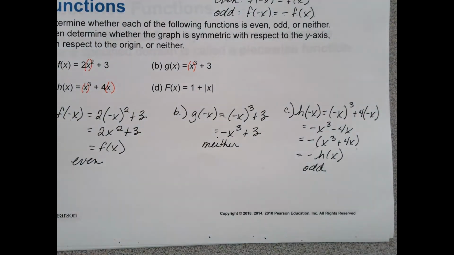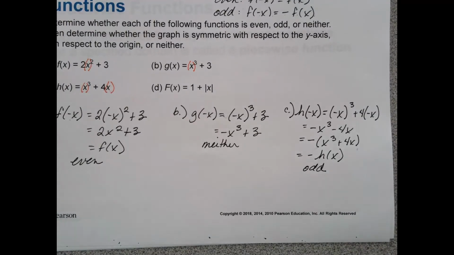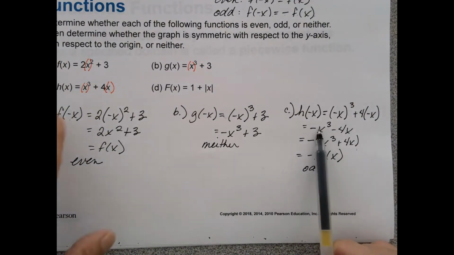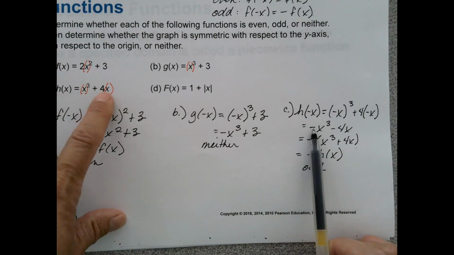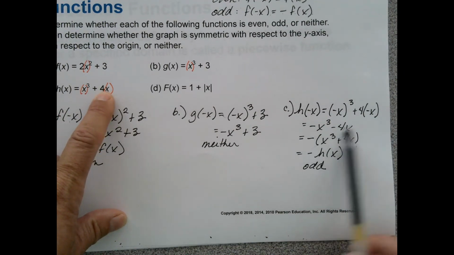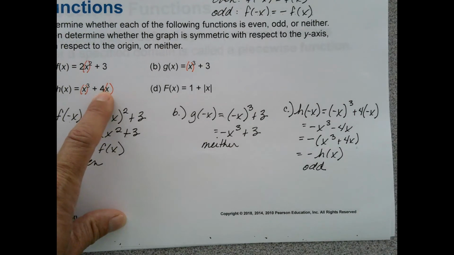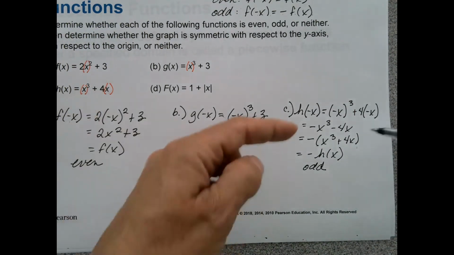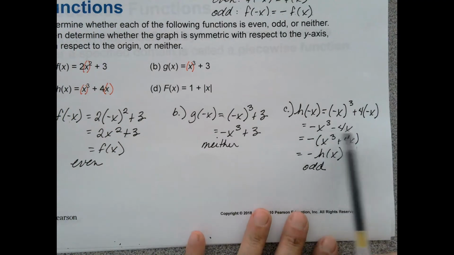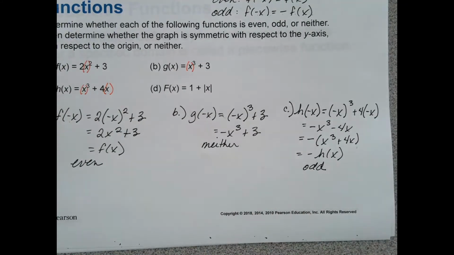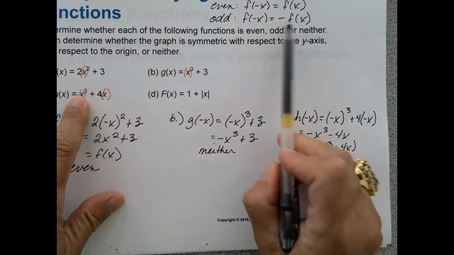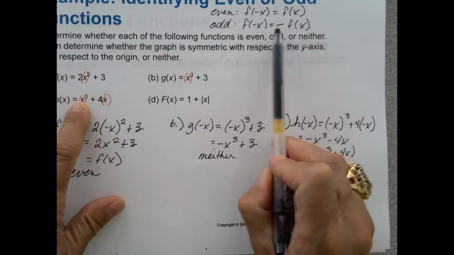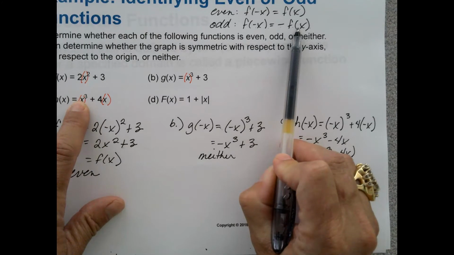The simple way to do it is just look to see that all the signs changed. From this step, I could see x cubed was positive, it's now negative. 4x was positive, it's now negative. Every sign changed, that means it's odd. However, to get further down here, if I really wanted to write this in terms of x cubed plus 4x, because notice that's what this statement up here says, it's negative the original.